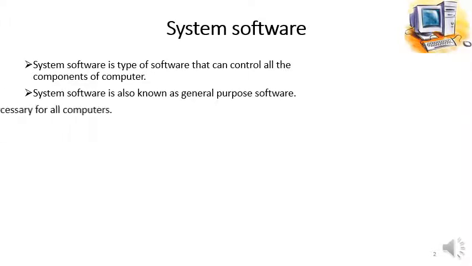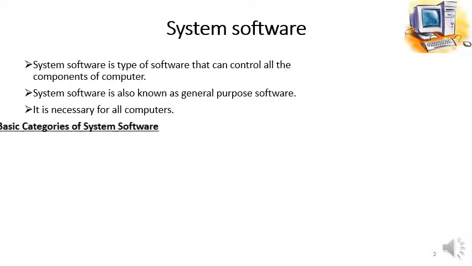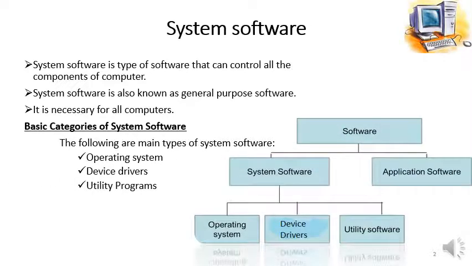Further, we categorized the system software into different types or categories, which were operating system, device drivers, and utility programs. Then we discussed the operating system and its functions, that is, what functions are performed by the operating system.